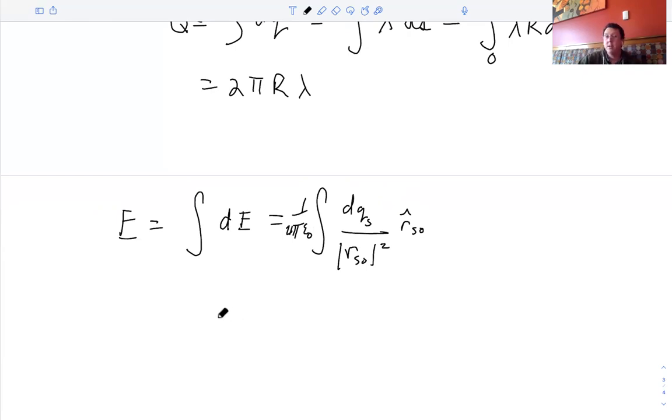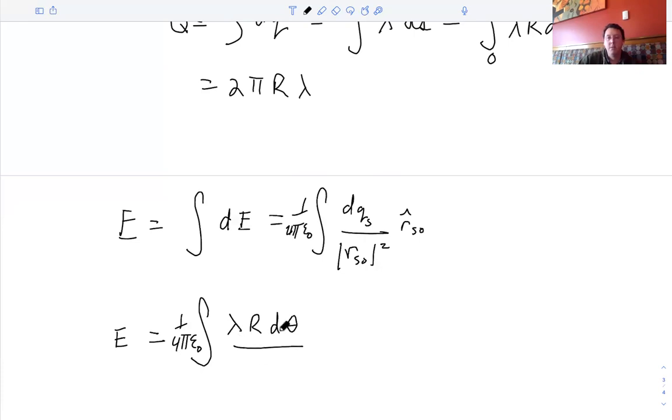We're not quite ready to do this integral because I'm integrating over charge, but I've got geometry stuff. So I need to turn charge into geometry. Again, I'm going to use the density as before and say that the electric field is the integral of 1 over 4 pi epsilon naught, that all pulls out, dq is lambda r d theta as before.